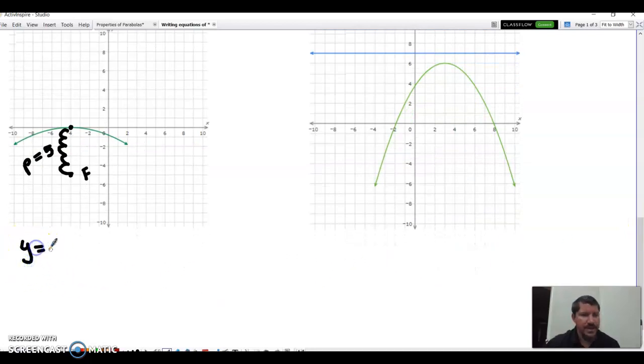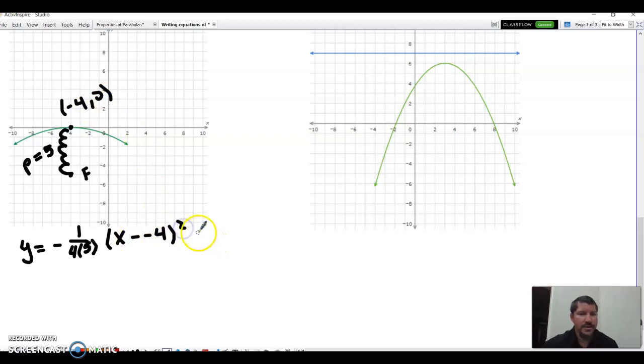So this is y equals negative 1 over 4 times 5 times x, the vertex is at negative 4, 0, so minus negative 4 squared plus 0, or negative 1 over 20 x plus 4 squared, because I don't need the 0. You could put it, it really wouldn't matter.